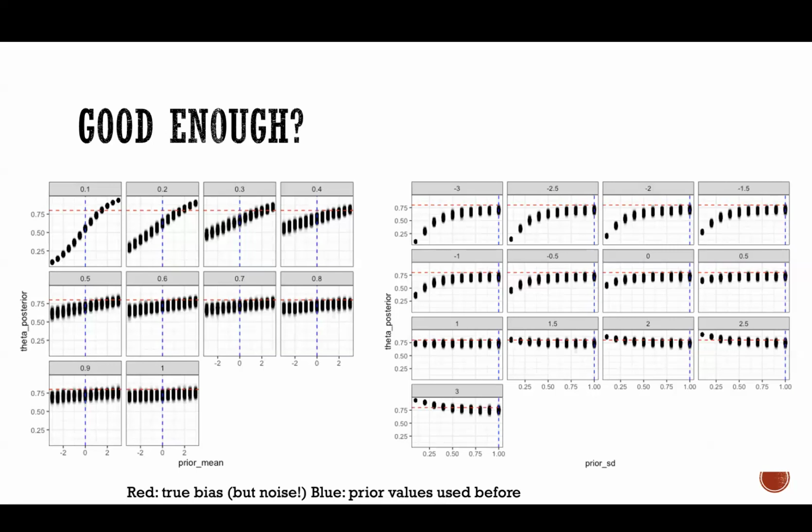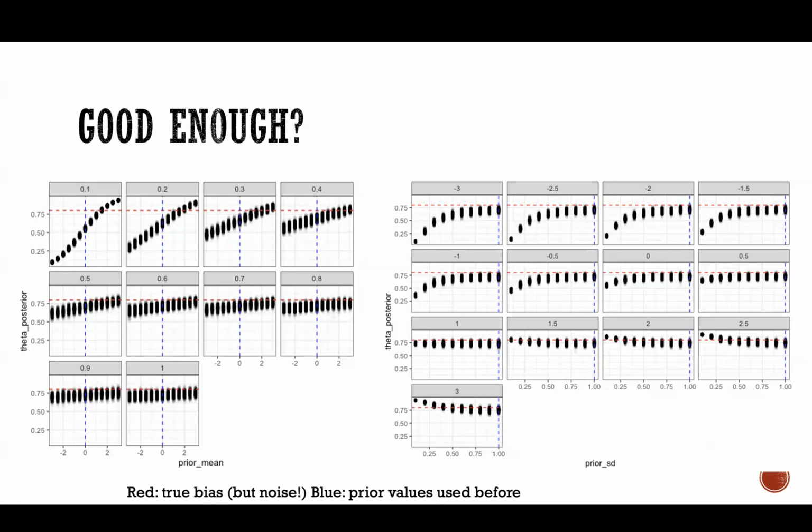So on the x-axis is the standard deviation, and the facet is the prior mean. Really what this is telling us is that, in each of these plots, unless you have a prior mean that's relatively close to what you're trying to estimate, high confidence in the prior will lead you astray.